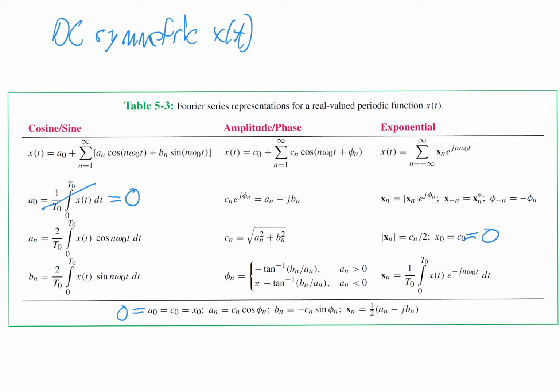And we did not specifically, explicitly cover the amplitude phase form, but the C0 there, which is the DC component in this form, also goes to 0. The amplitude phase form is taken by combining the cosine and the sine at a particular frequency.